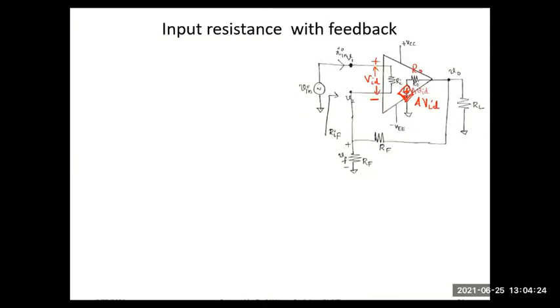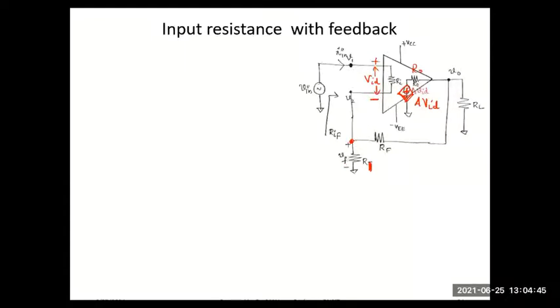Therefore, we have written an internal circuit diagram for the op-amp, and we have brought all the external components as they are. In the output side, I have a load resistance RL across which V0 is measured, and a part of the output is brought back to the inverting input by using a voltage divider network of RF and R1. This resistance is R1, this is RF.